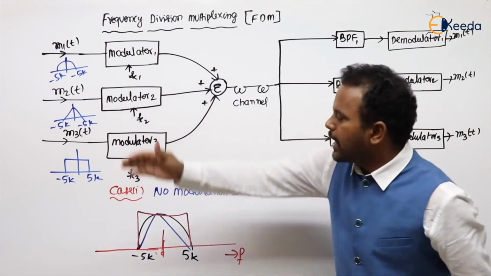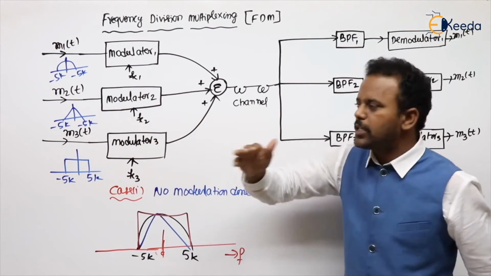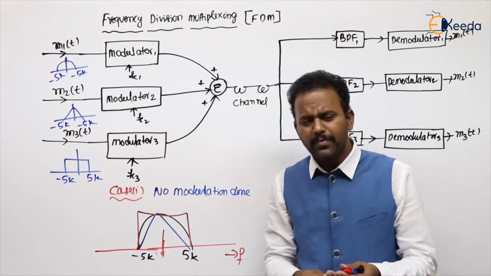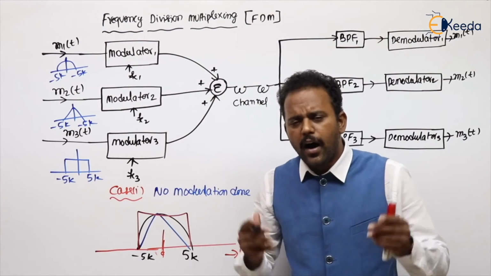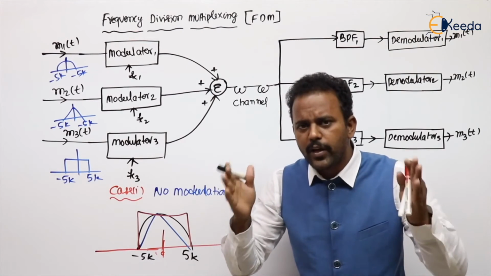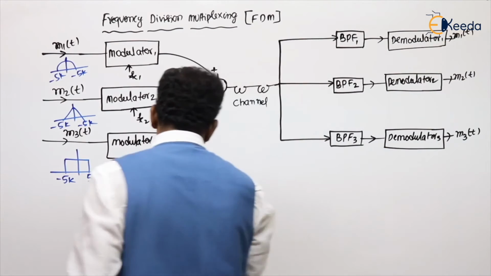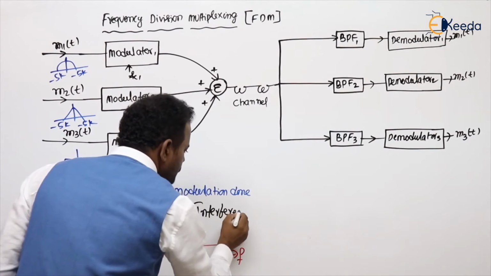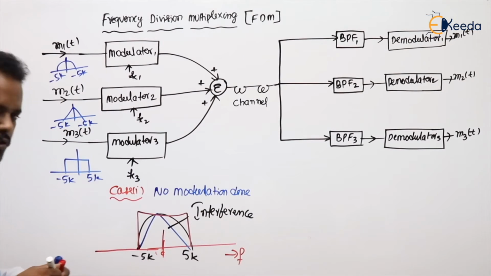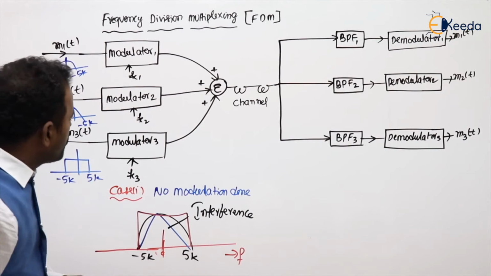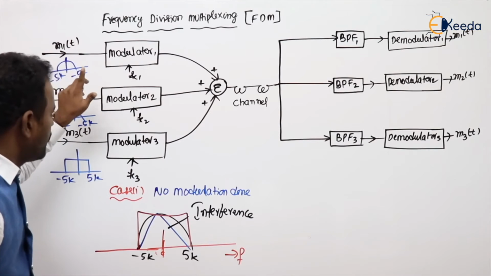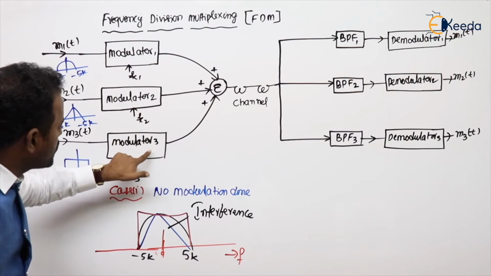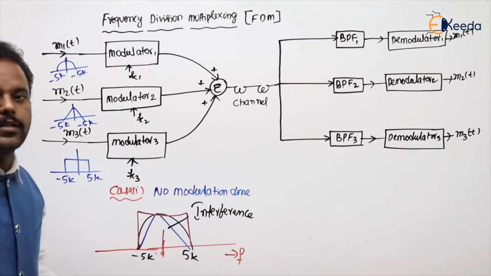So if you directly transmit all audio messages or voices directly to the cable, you will have a problem of interference because all have almost the same frequency band. That's why, if you want to go for multiplexing, modulation is a must, otherwise interference.